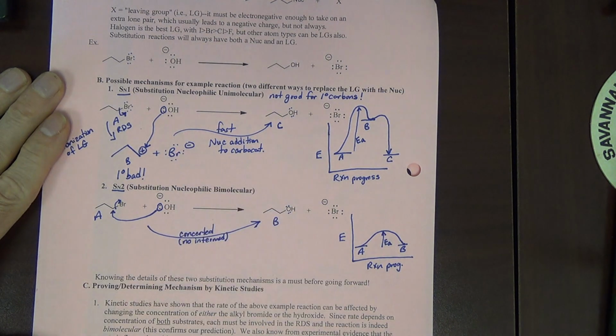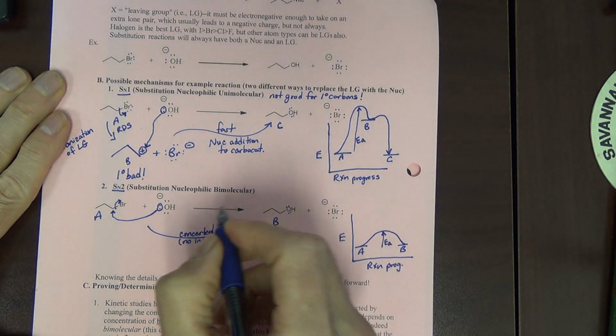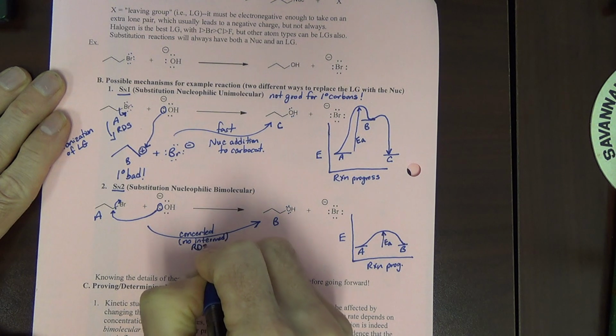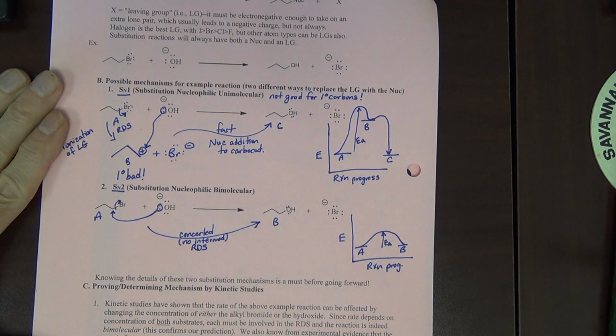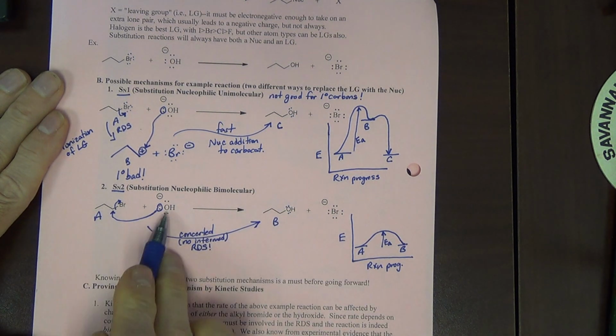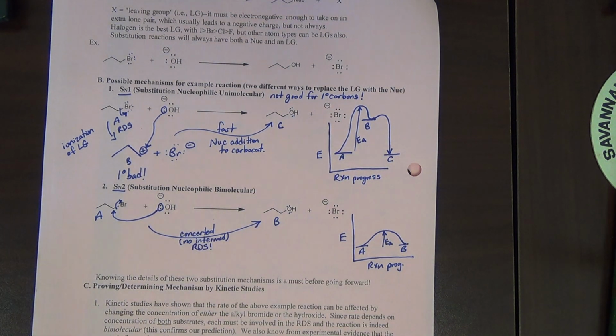Which step is the rate determining step here? Well, it's only one step. It's got to be that step. That's the rate determining step. Of the 2 reactants, how many of them are involved in this rate determining step?